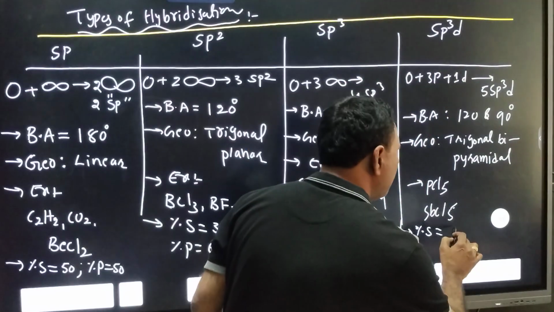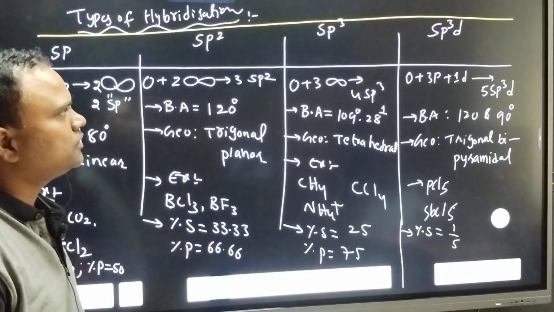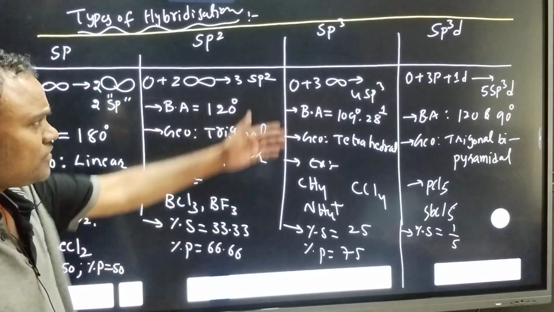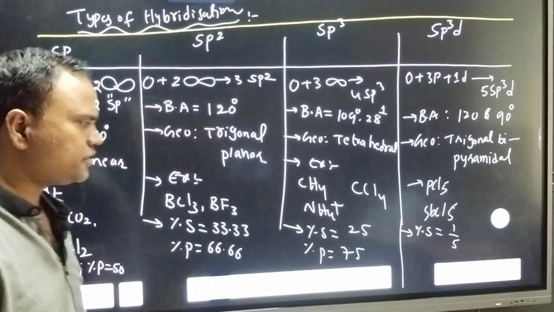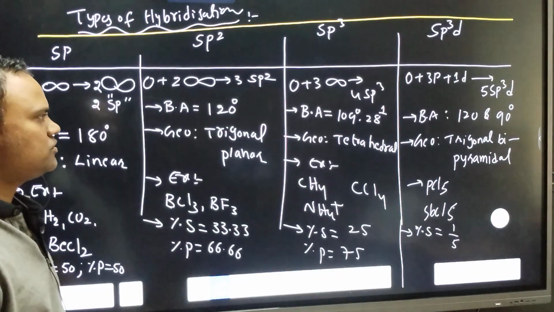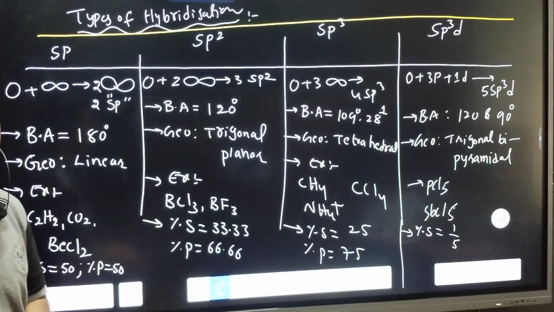So S is 1 by 5; convert it into decimals. For p orbitals, 3 by 5. S character and D character are the same here. This idea is very important, basic information.